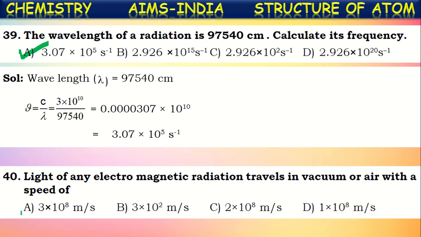One more common property is that all electromagnetic radiations travel at the velocity of light, and they do not need any medium for their propagation. They can travel through a medium, and also through vacuum.